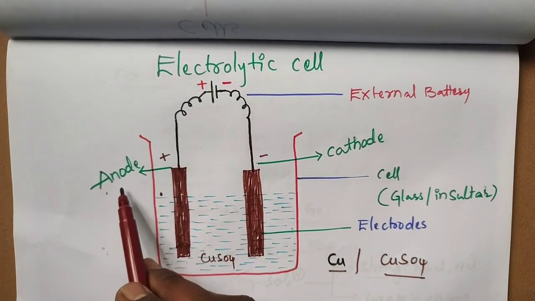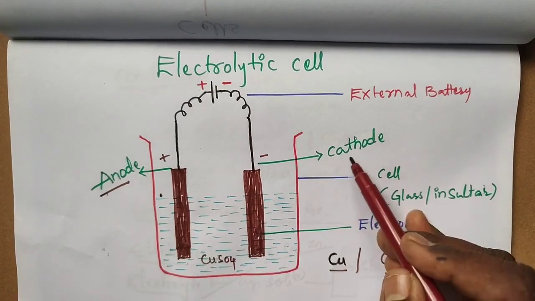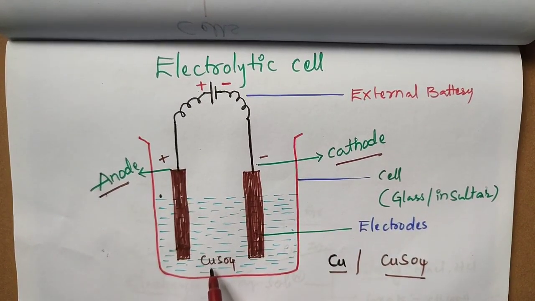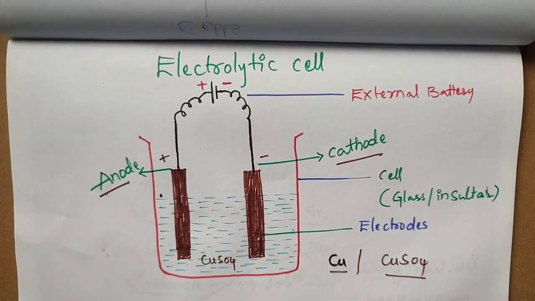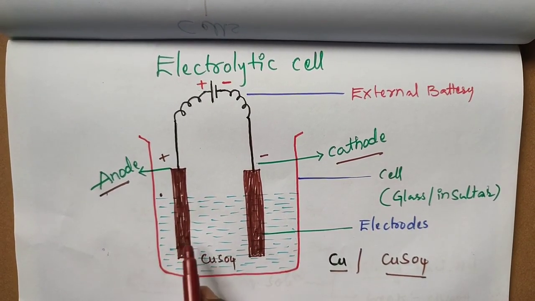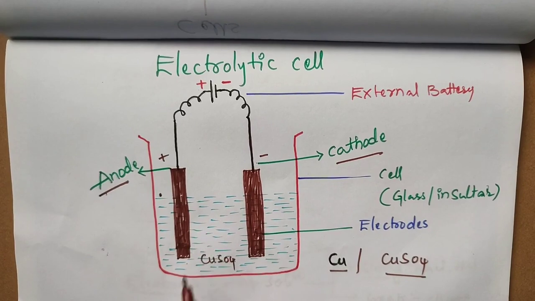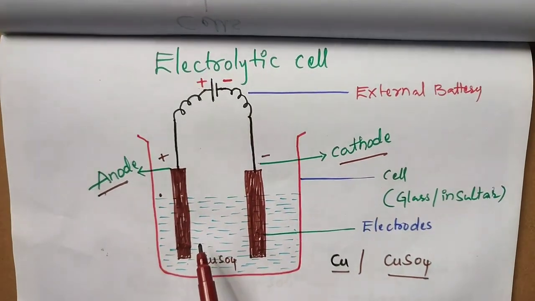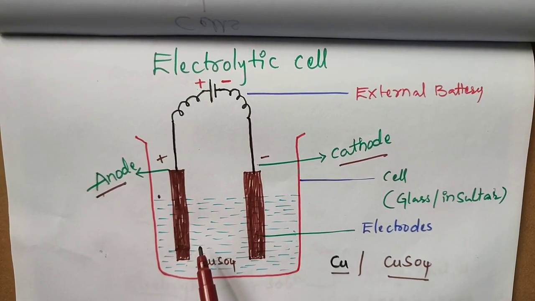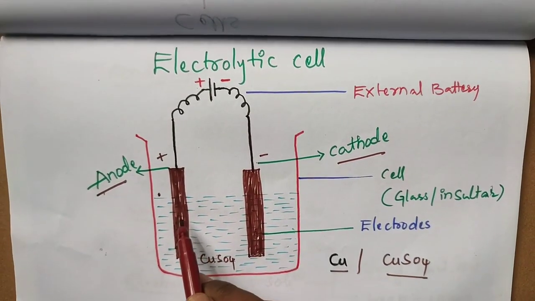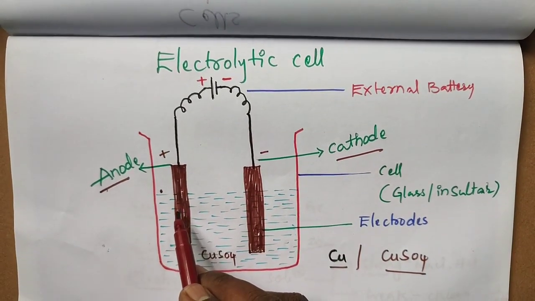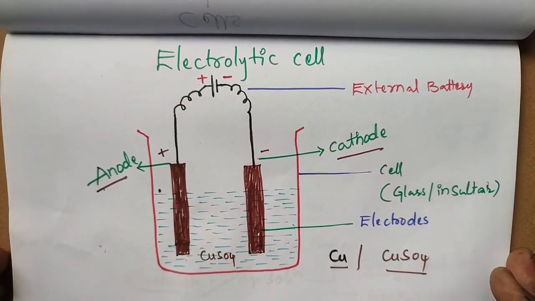By applying electrical energy, the chemical reactions take place. How? What happens at the anode, and what happens at the cathode? For example, we take copper sulfate solution with two copper electrodes present in it. At the anode, oxidation takes place.